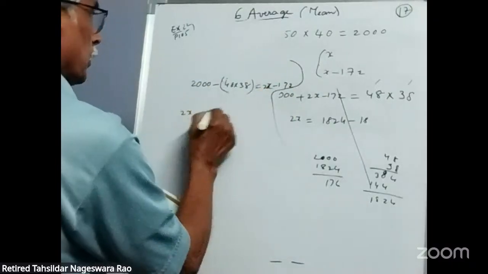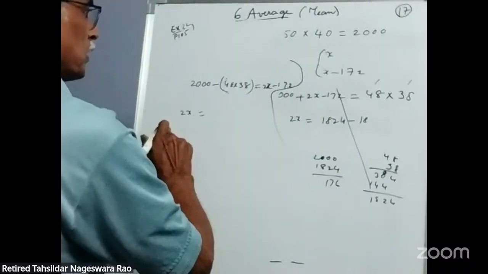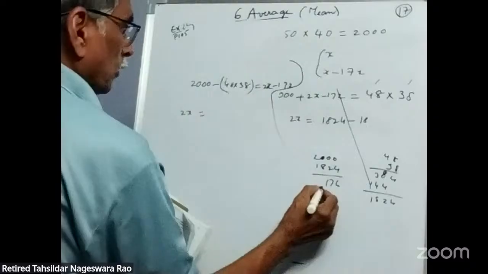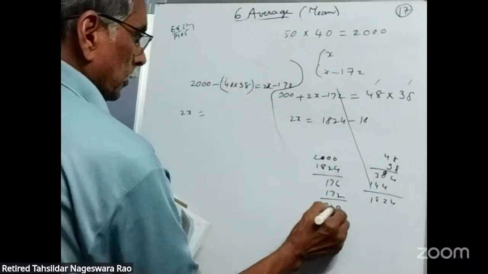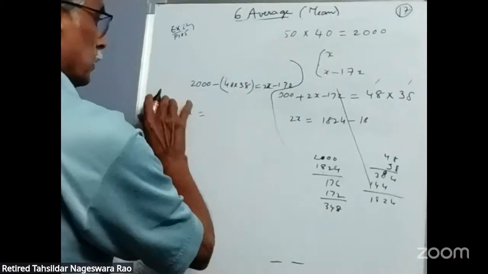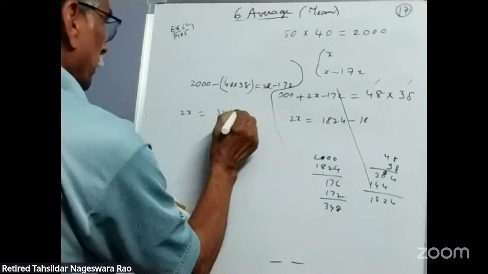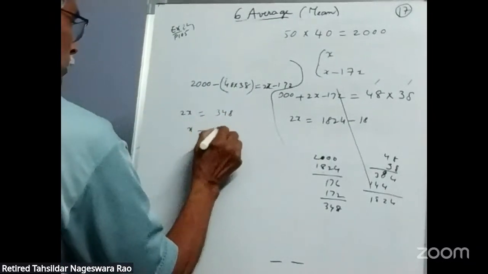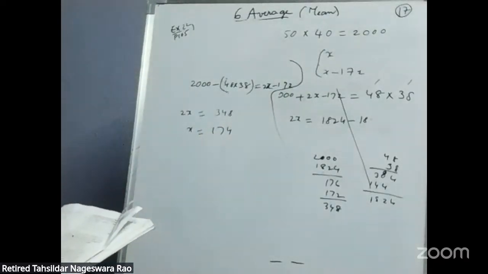Again, 2x is on the right side, written on the left side. So 172 will be plus here. 176 plus 172 is 348. 348 on the left side, take it to the right side. X will be 174, the highest score in the innings.